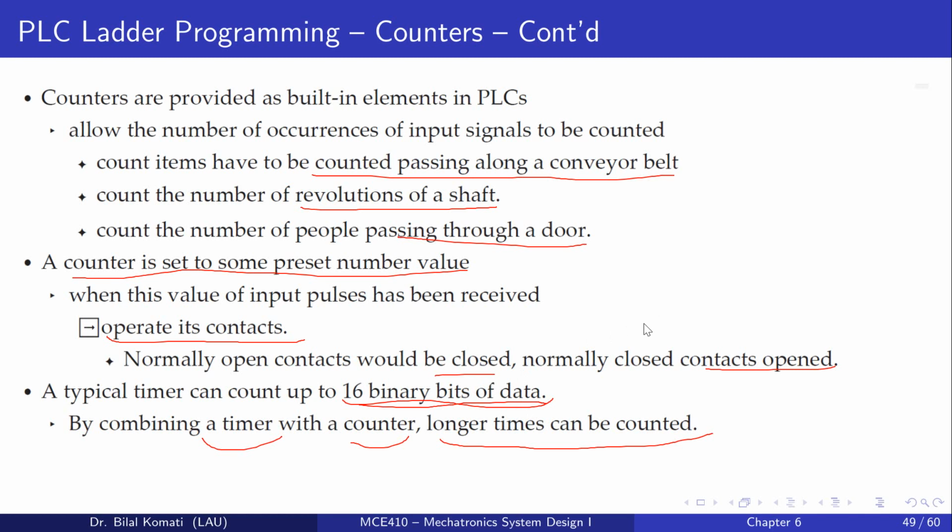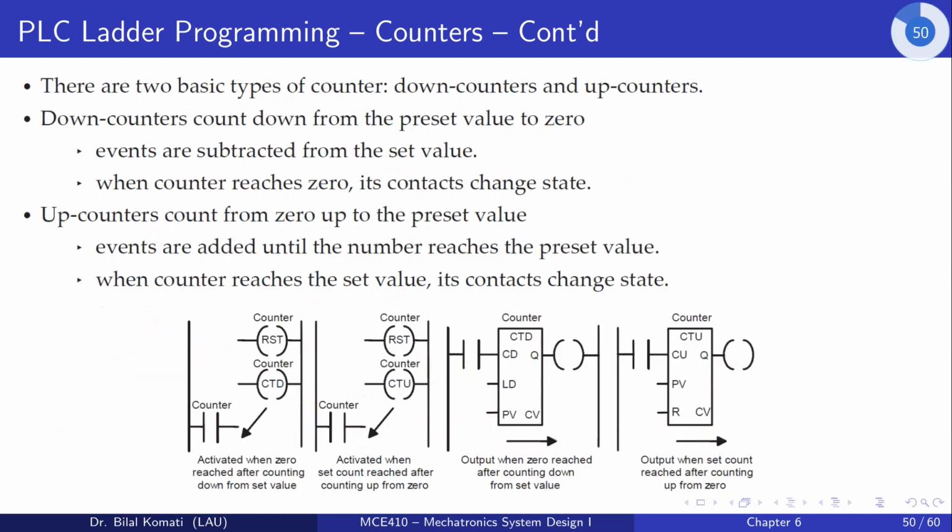If we want to go higher and execute for longer times, we can combine a timer with the counter. So the counter will set, this is iteration 0, this is iteration 1, etc. And we can go up to 2^16 and then beyond, to 4^16.